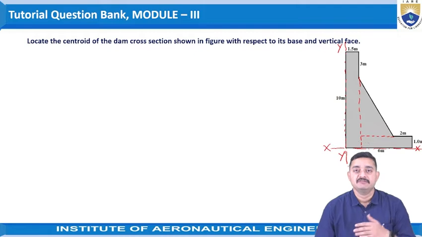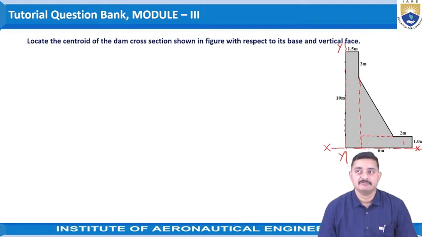So we have part 1, which is a regular rectangle, part 2, which is also a regular rectangle, and part 3, which is a regular triangle. Now it would be easy to identify the centroids.